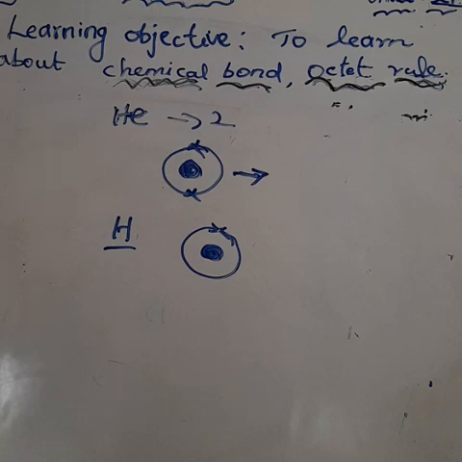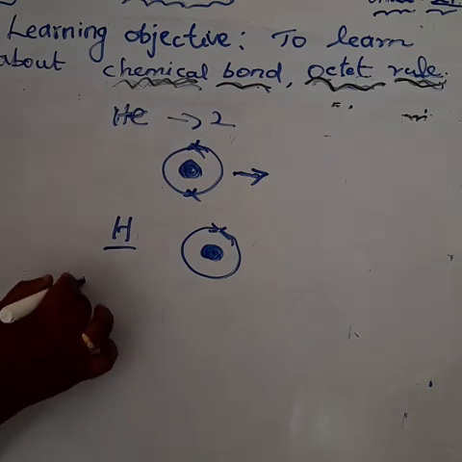It tries to gain one more electron from another atom to become stable. When it gets 1 electron from another atom, a force of attraction takes place, so a chemical bond is formed between them. Understood?